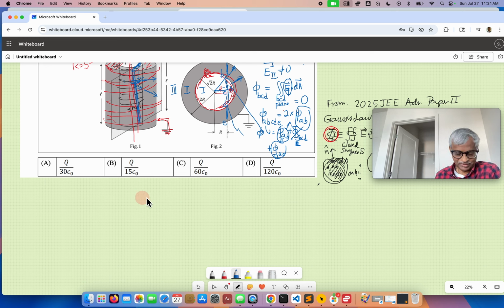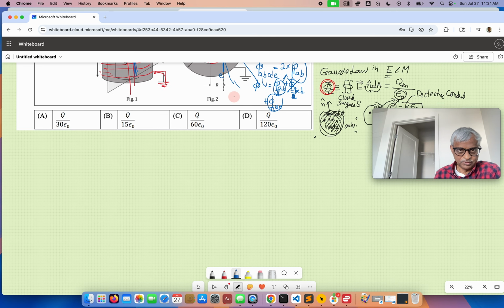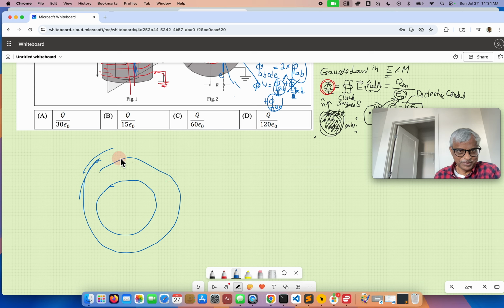Let me redraw the picture, and I can make a really big picture. So we have an inner one and an outer one.